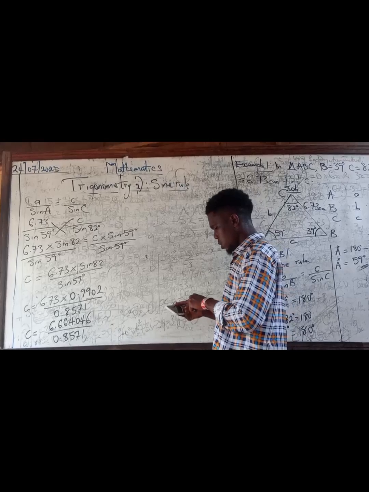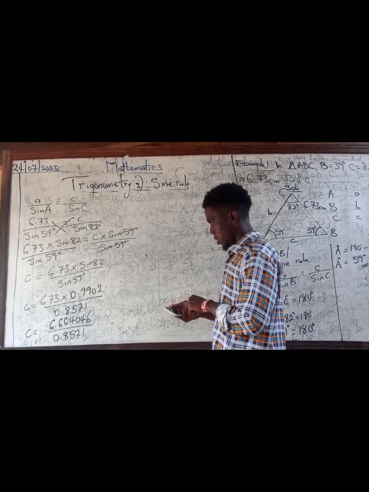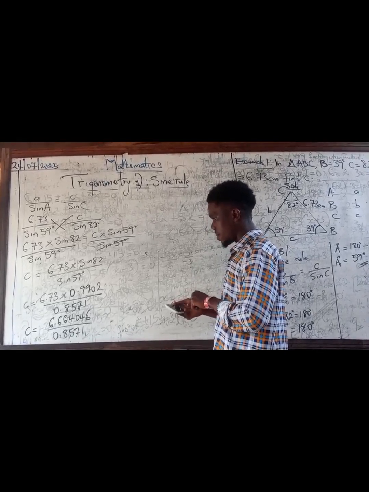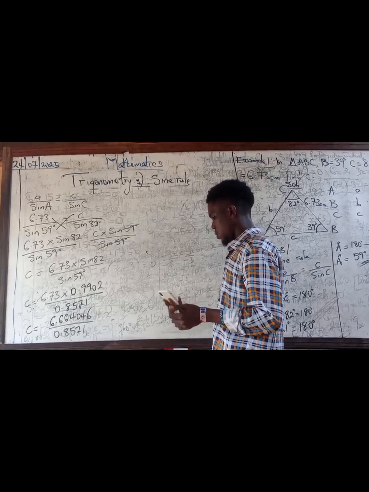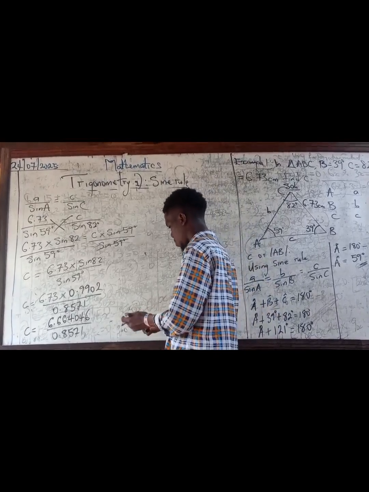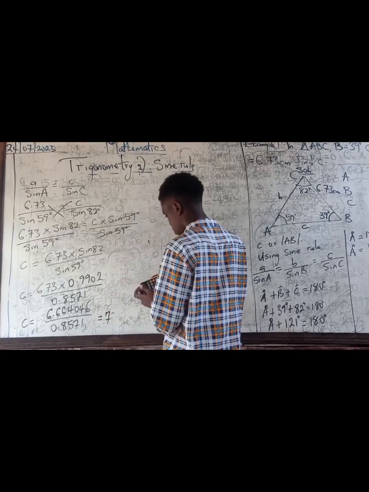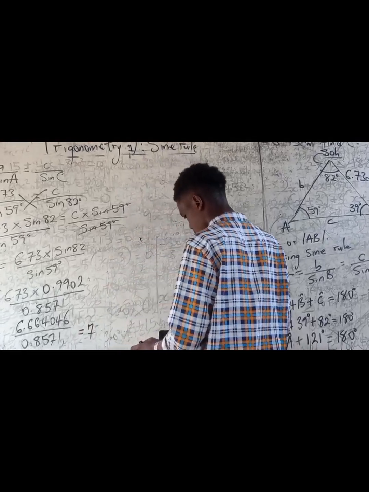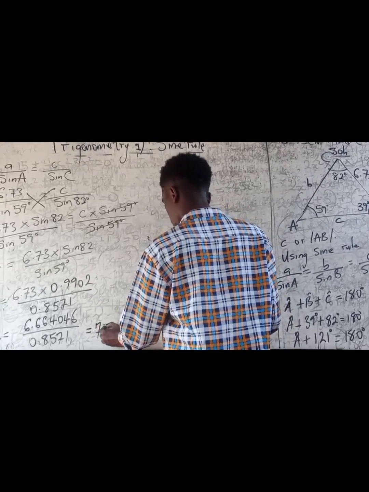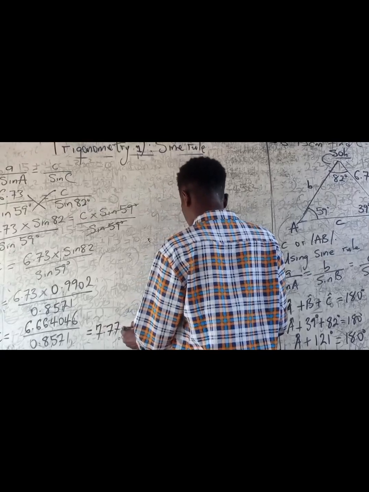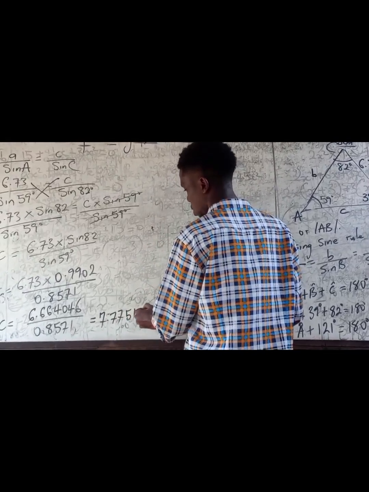6.664046 divided by 0.8571, so we have C is 7.7751 centimeters.